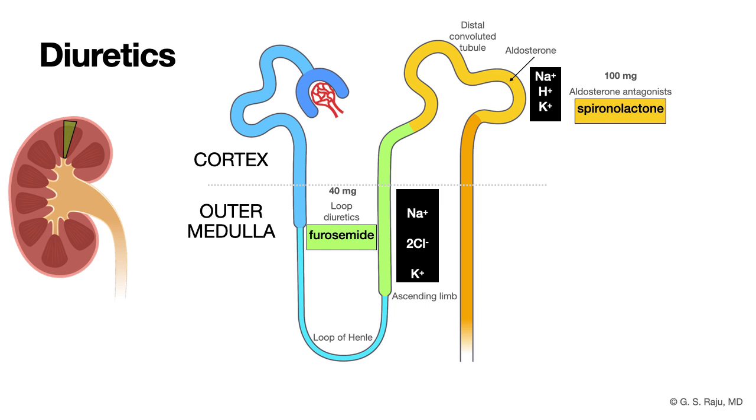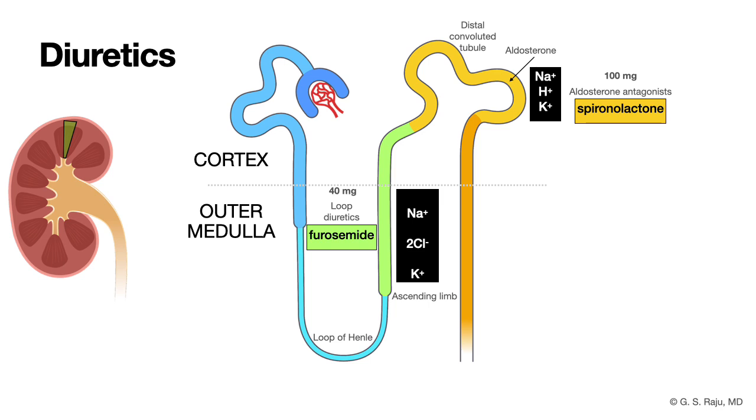In the first week, the weight loss will be a little bit slow, but in the second week, it should increase. And if not, you can increase the dose of this combination diuretics of spironolactone and furosemide.